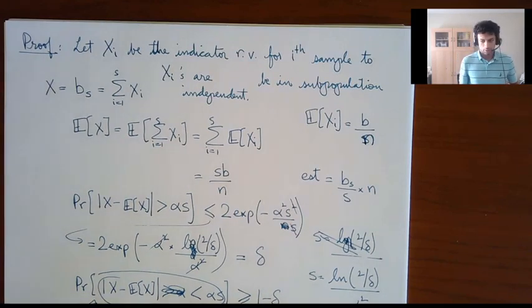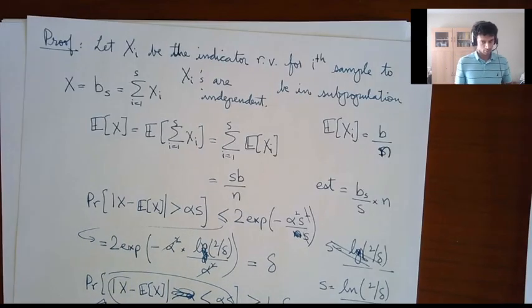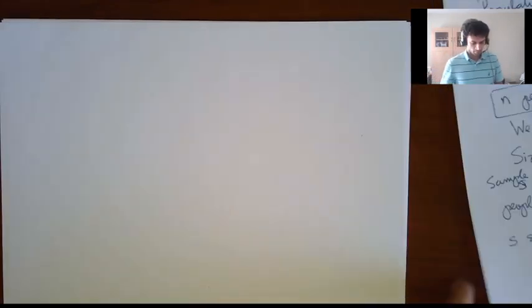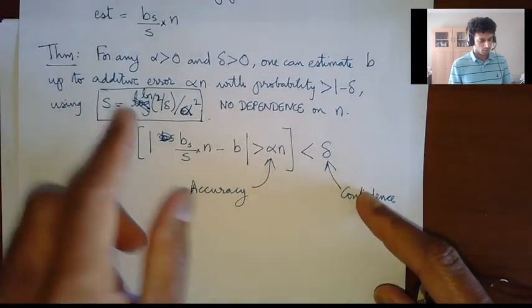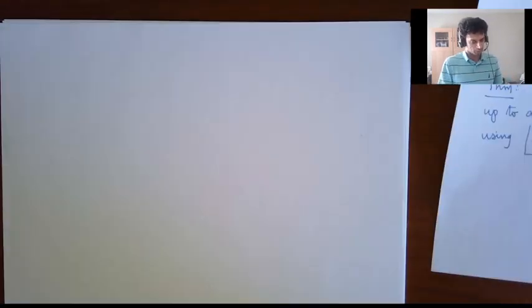So let me proceed here. I want to go back to understanding this bound that we just found. What was the bound? Let me write this out on a separate page.